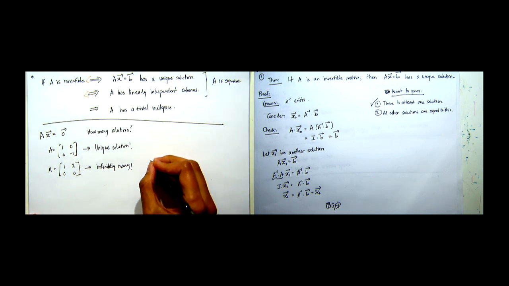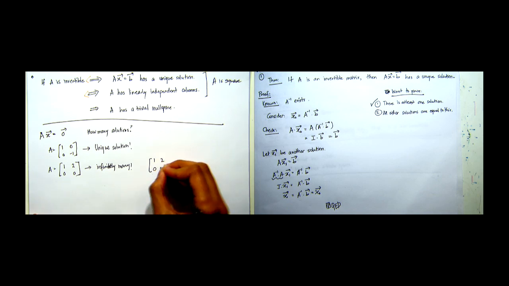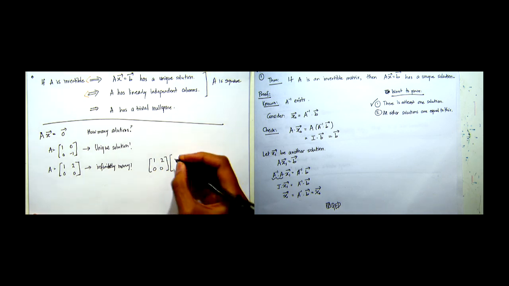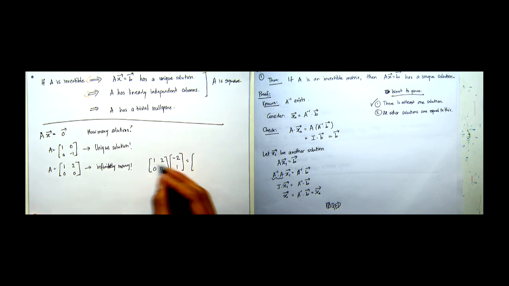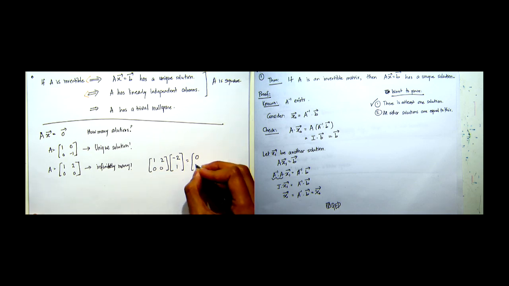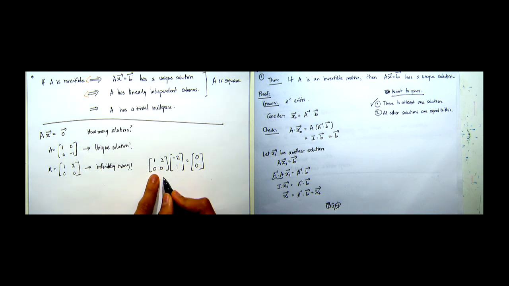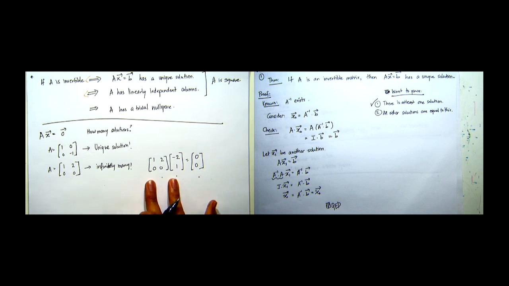For example, I can write 1, 2, 0, 0 times, let's say, minus 2, 1 is equal to this row times this column is 0, and the row 0 gives me just a 0. Right? So the matrix A is not equal to 0. This vector is not equal to 0, yet my right-hand side is a 0. This is different from how scalars behave, right? Usually, if 2 things multiply and give you a 0 in scalar land, one of them is a 0. Here, neither of them is a 0.